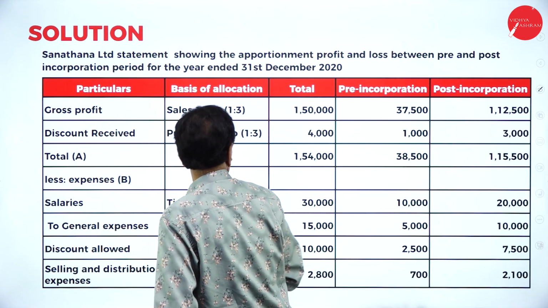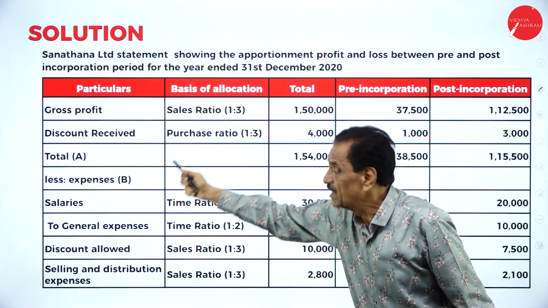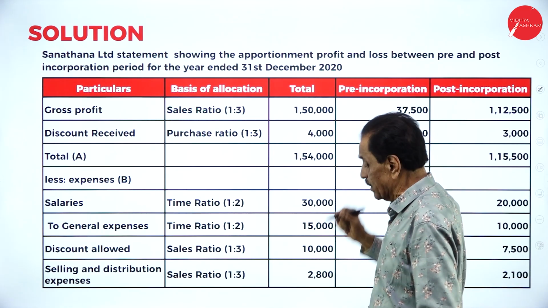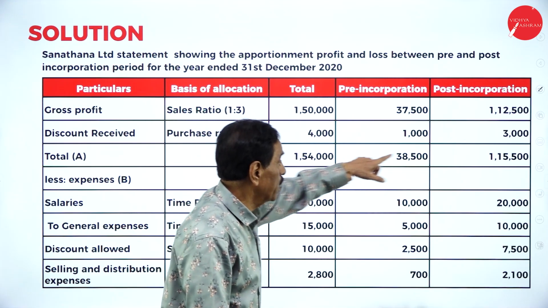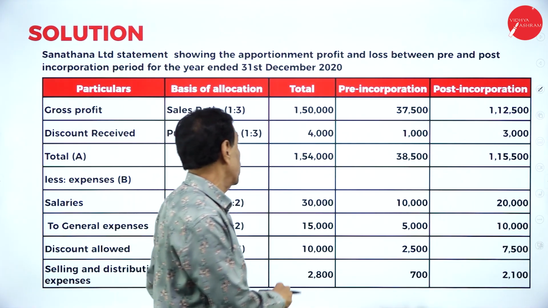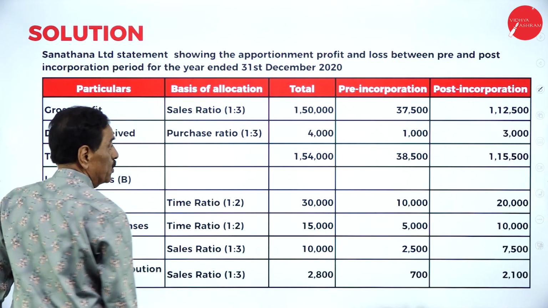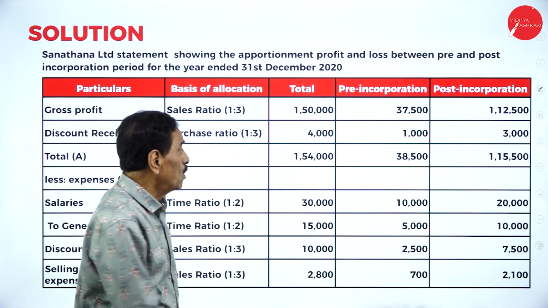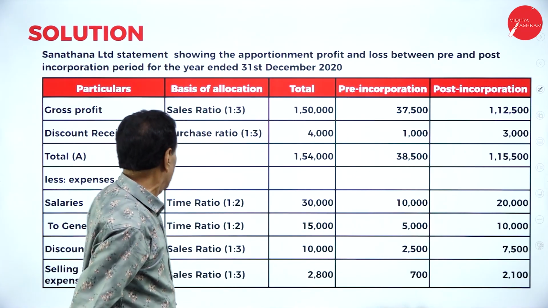Gross profit 1,50,000 based on sales ratio, that is 1:3. 1/4 is 37,500. Then 3/4 is 1,12,500. Discount received on purchase ratio 1:3, totally 4,000. 1,000 goes to pre-incorporation, 3,000 goes to post-incorporation.